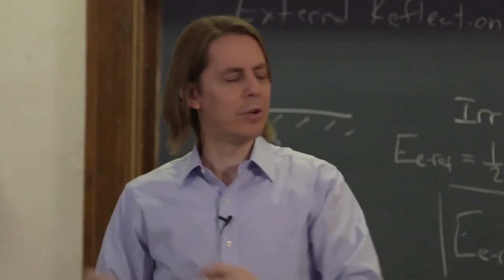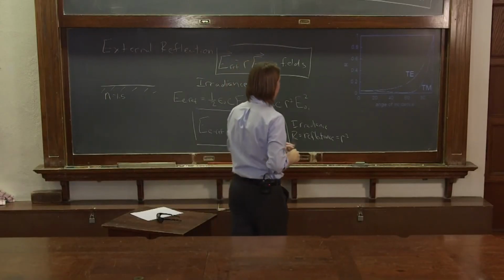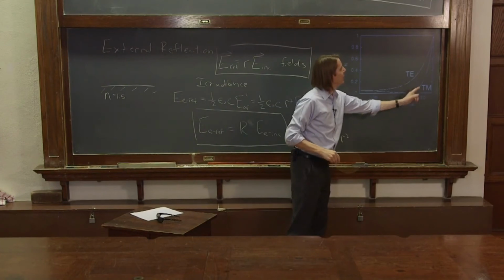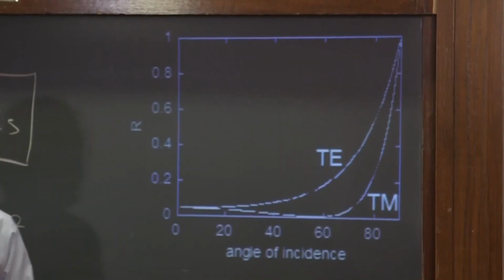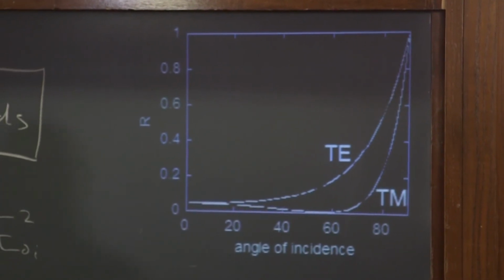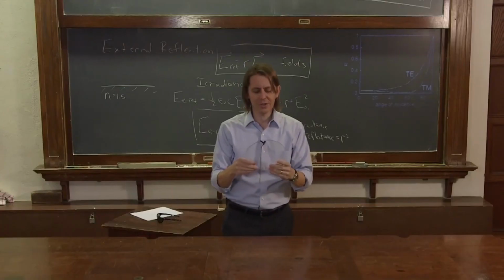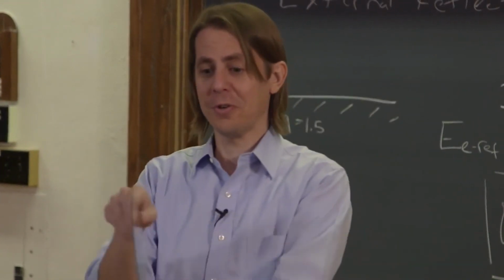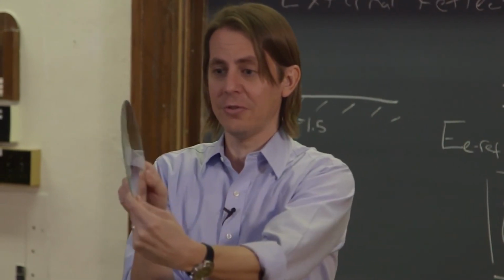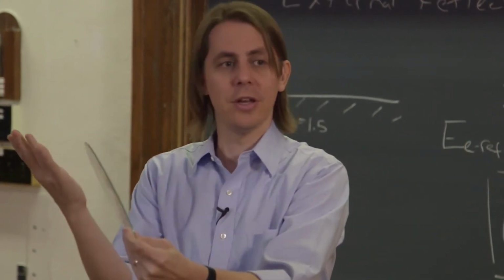So bare glass can kind of make a mirror. One interesting thing though now, if we continue to look, if we go to high angle of incidence, the little r's both went to 1, you square that, and the reflectances also go to 1. So a piece of glass actually makes a good mirror at a high angle of incidence. And unfortunately, you can't ever look at yourself that way. Our selfie generation just doesn't work out, because if you turn it at a high angle of incidence where you get a good reflection, you can't see yourself anymore.